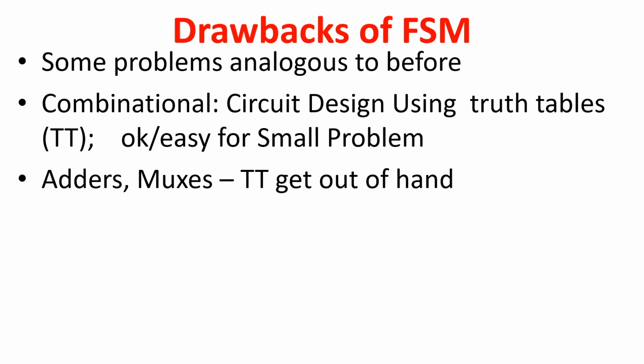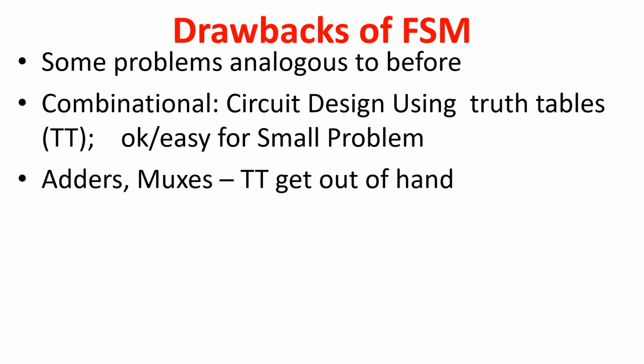Suppose you want to design a 32-bit adder, or a 16-input multiplexer. Can you design using the truth table method? No. The truth table method gets out of hand, because you will not be able to tabulate the inputs and outputs for a 32-bit adder. This we absolutely cannot do, because listing out 2 to the 32 inputs is not feasible.